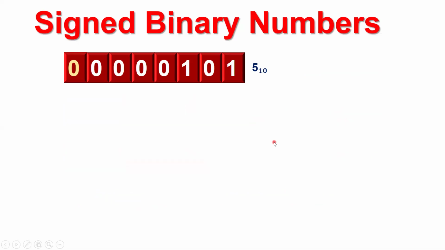Let us move to understand how the negative 5 will be represented. The way to do that is first show its positive form. Again, in the 8-bit form, this is the way we write decimal 5. 0 is the MSB, telling us this is a positive binary integer.